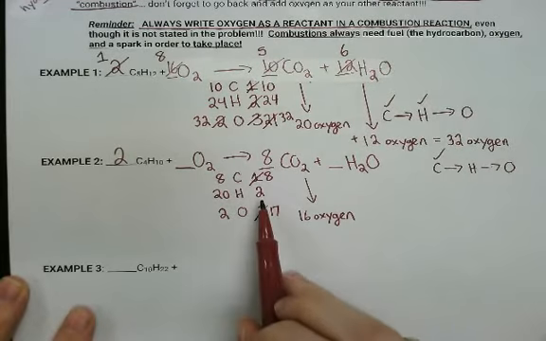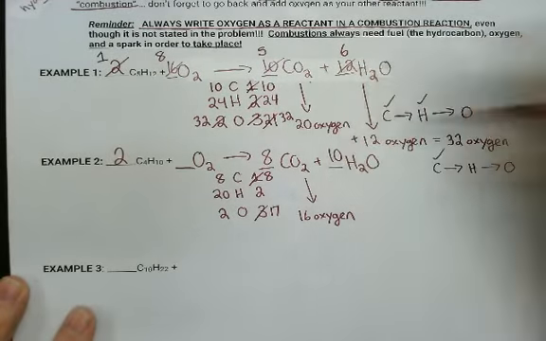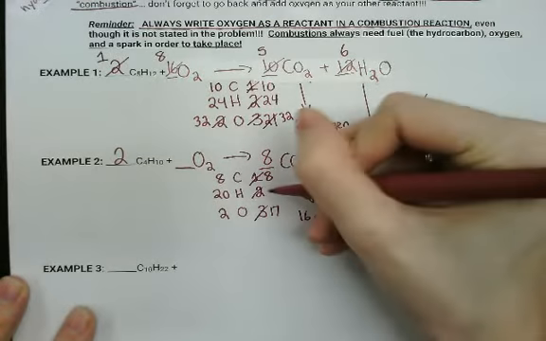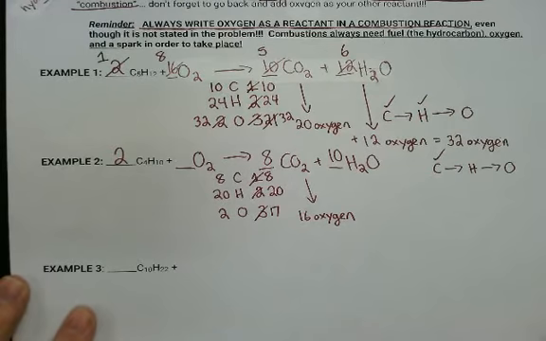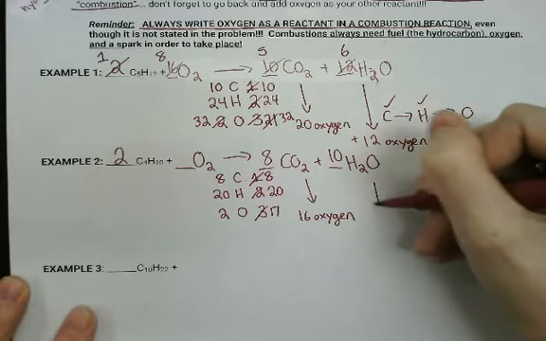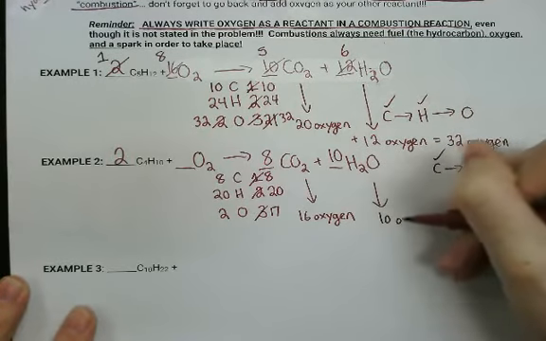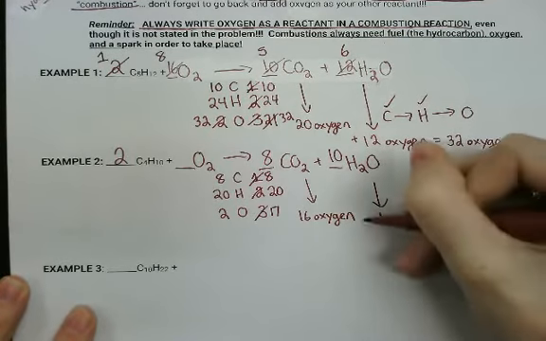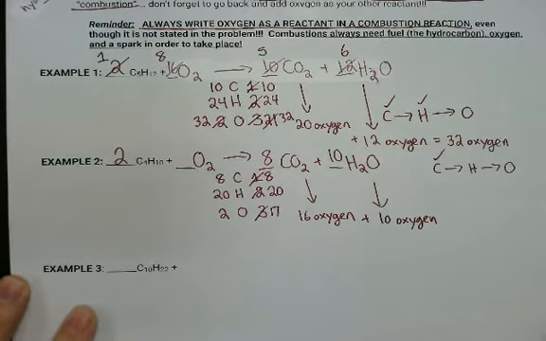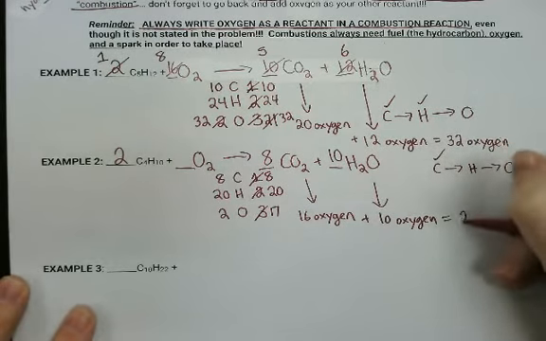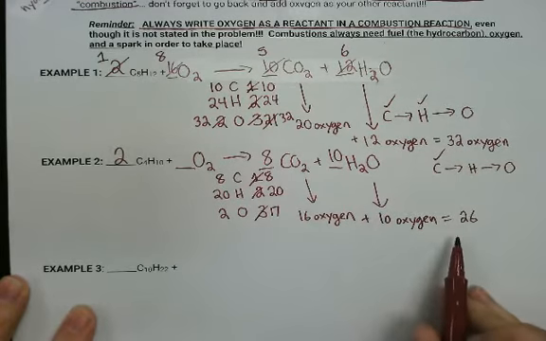For hydrogen, I have 20 over here and 2 over here. So I'm going to place a 10 right there. That will get me to 20 hydrogen. That will also get me 10 oxygen. 10 times 1, oxygen there gives me 10 oxygen. So now I have 26 oxygen.